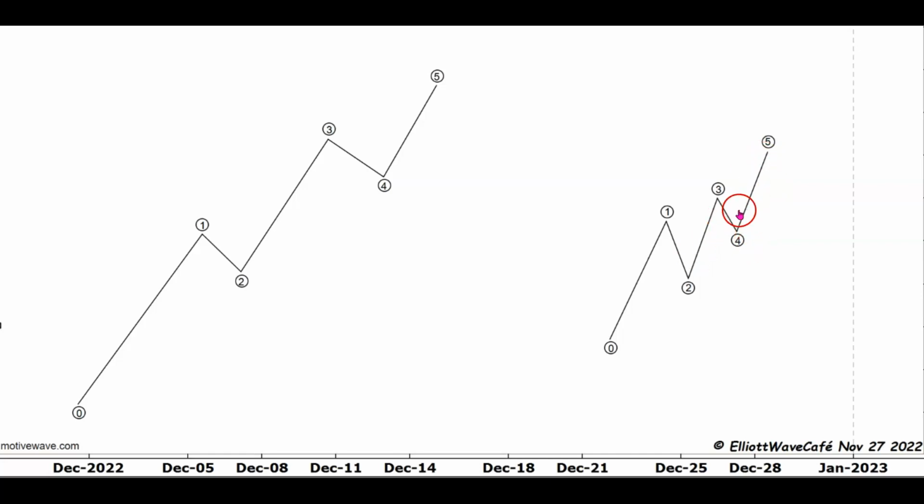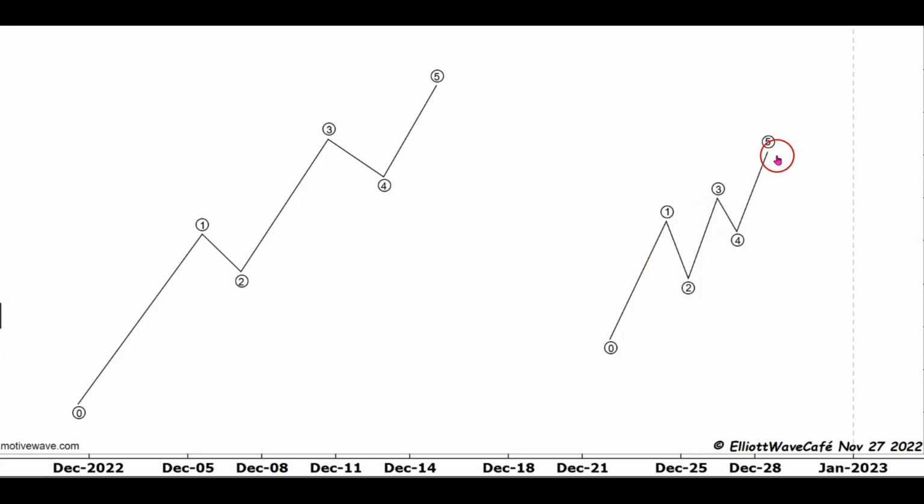So it's exactly this, and this holds even if it's an extended diagonal, an expanding diagonal where wave 3 is bigger than wave 1, and wave 5 is bigger than wave 3. It doesn't matter. Wave 3 cannot be the smallest wave.